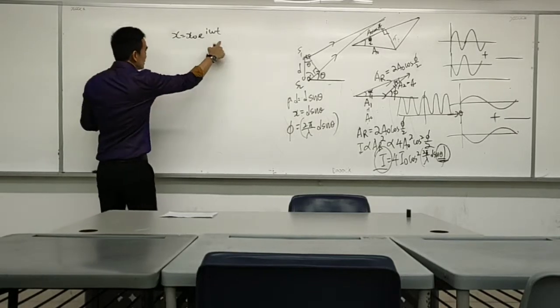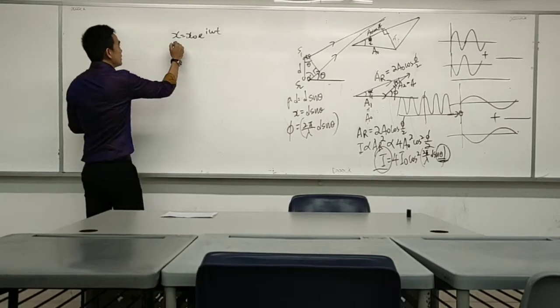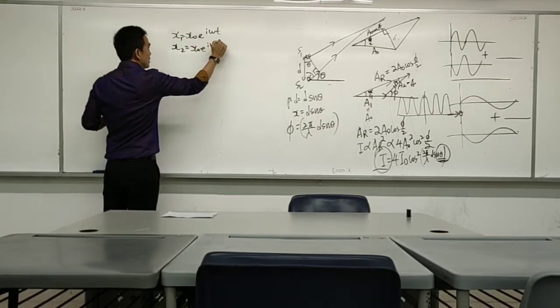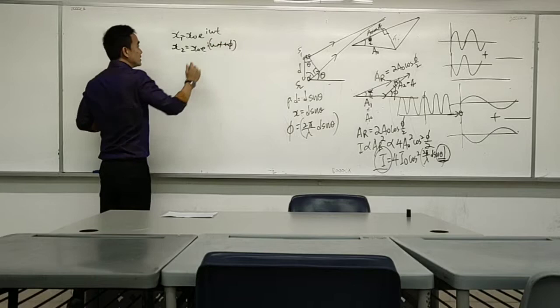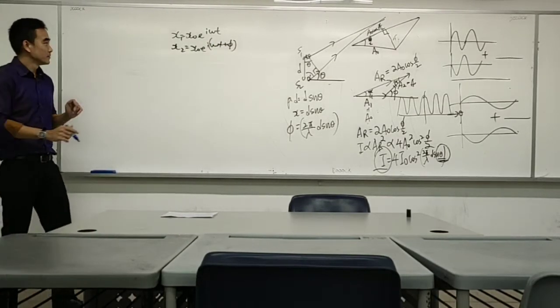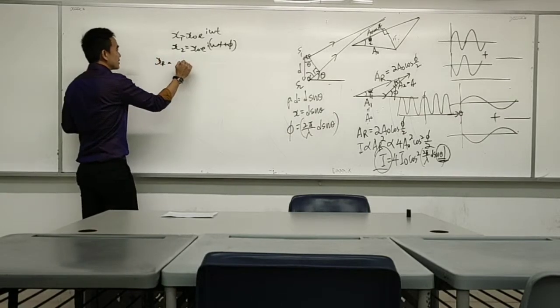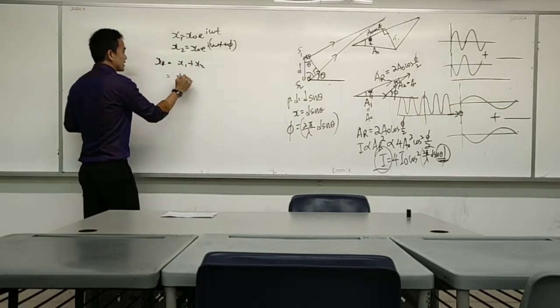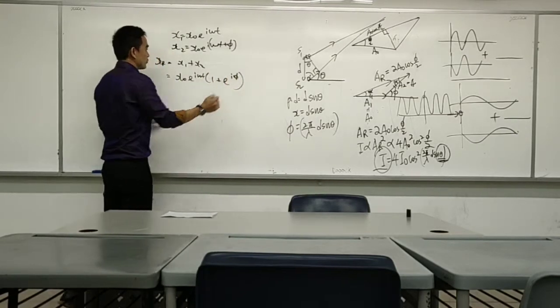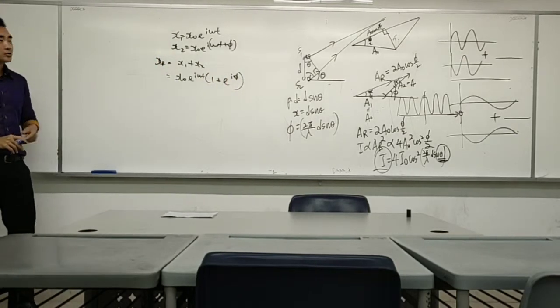So I just use this to represent the oscillating function. Then the source 2 will be x naught e^(i(omega t plus phi)), where phi is the phase difference between the two sources. Now x resultant is just x1 plus x2, which is x naught e^(i omega t) times (1 plus e^(i phi)). I just add these two.